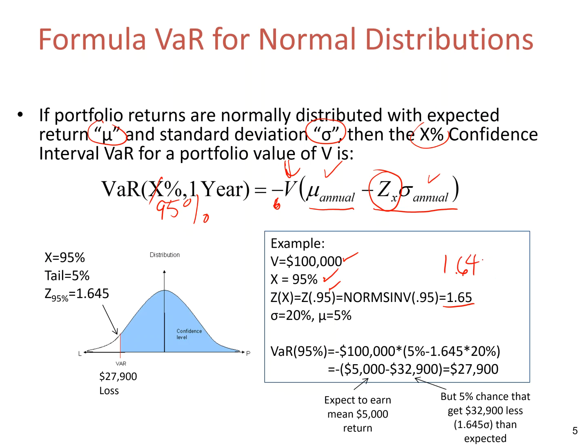I'll plug that into the formula, so I have $100,000 times 5%. That's the expected return of that portfolio, so I'm expecting to make $5,000 on that portfolio. However, assuming a normal distribution, we know from a normal distribution table that the critical Z value for a 95% confidence interval one-tailed test is negative 1.645 standard deviations.